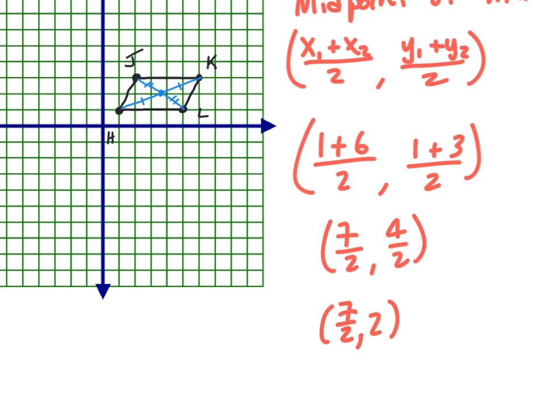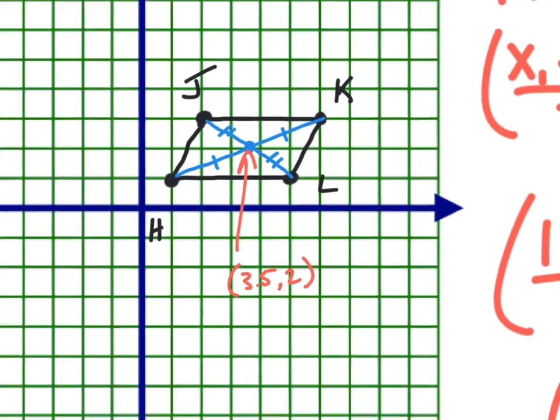Okay, and that looks like that point. And 7 halves is just 3.5. So 3.5, comma, 2. All right, and that's all we need to do. If you look at that point, it looks like we're about at 3.5, comma, 2, roughly speaking.